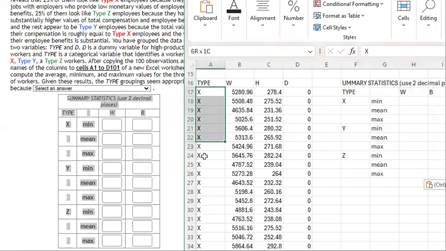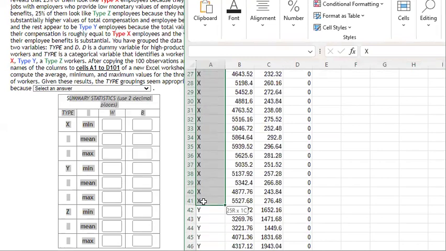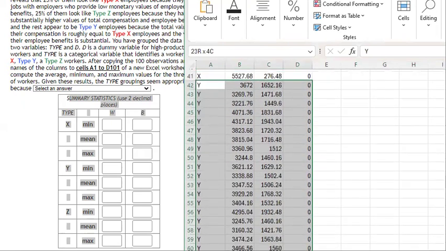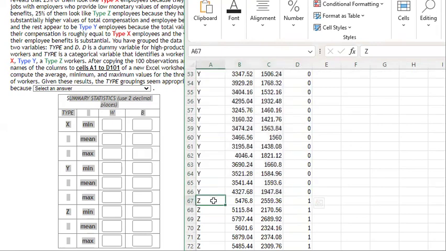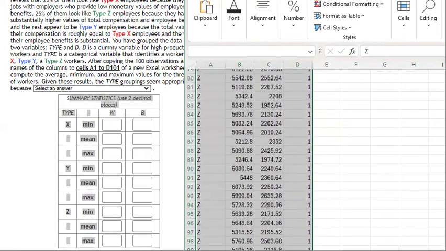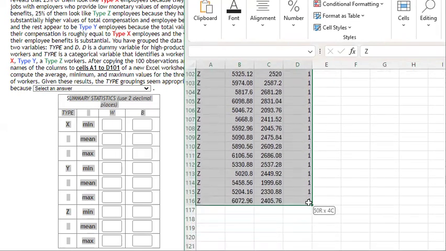And it looks like we've defined 25 of them as type X, right? We defined 25 of them as type Y. And we define 50 of them, it looks like, as type Z, right?